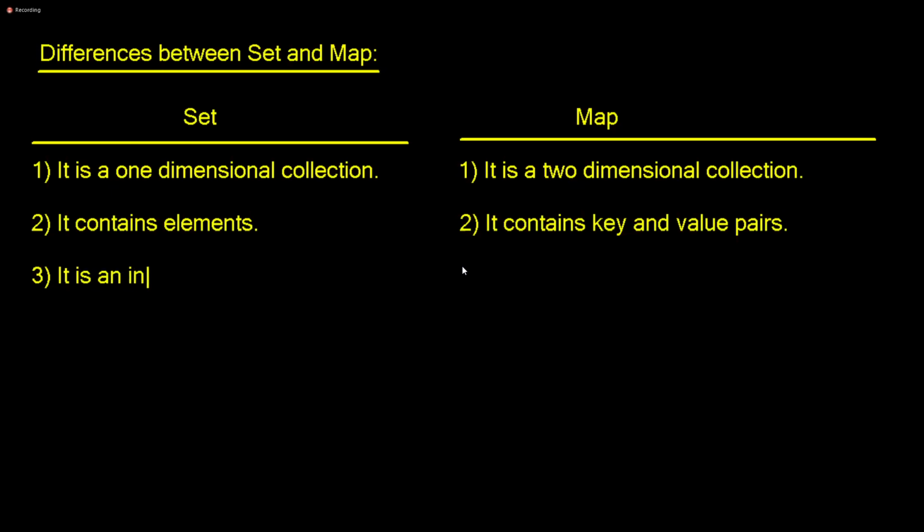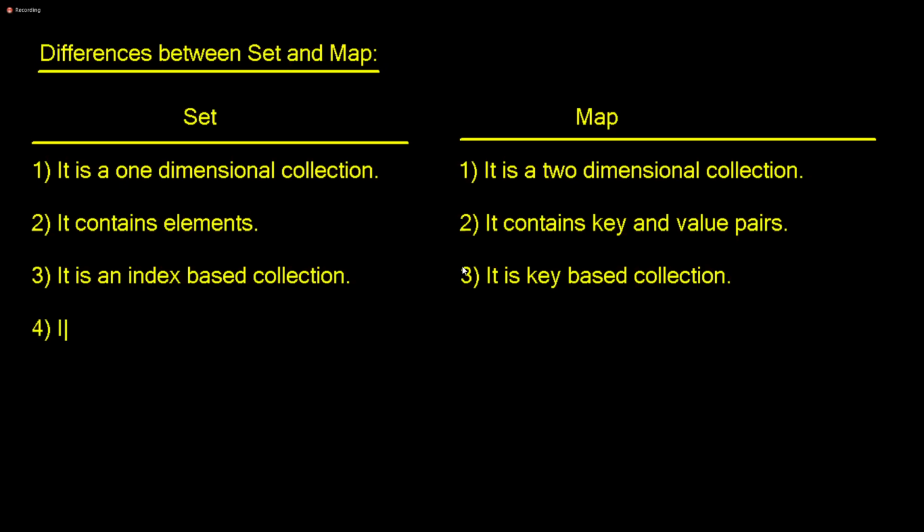Set is an index-based collection. Map is a key-based collection. Set does not allow duplicate elements.